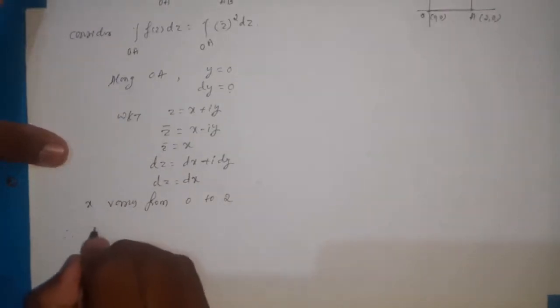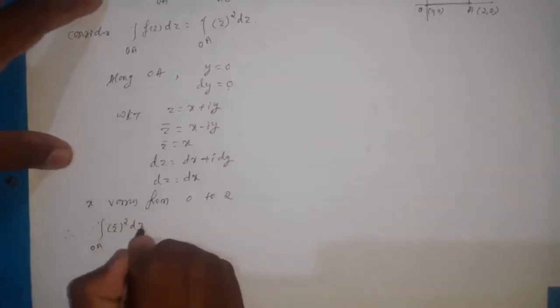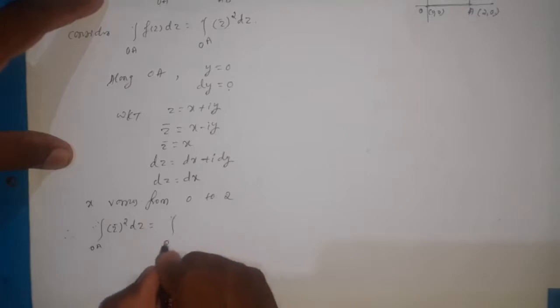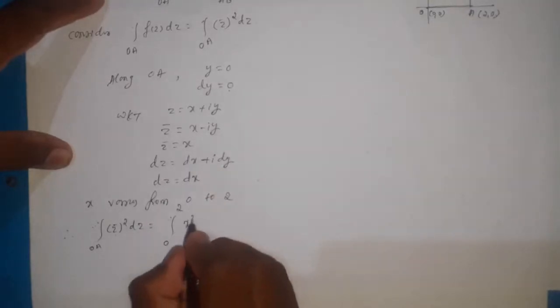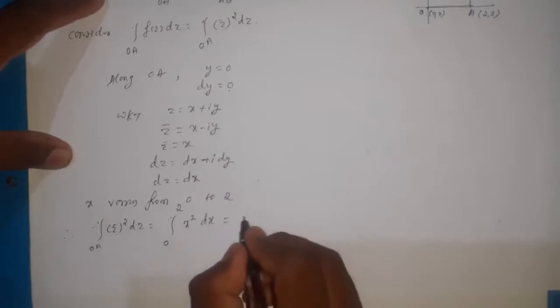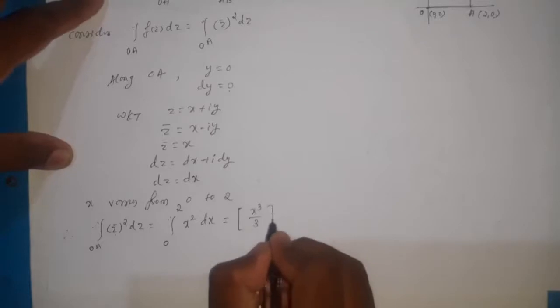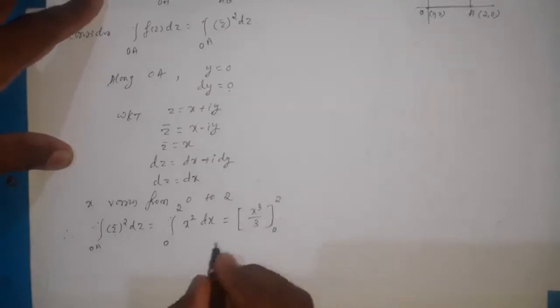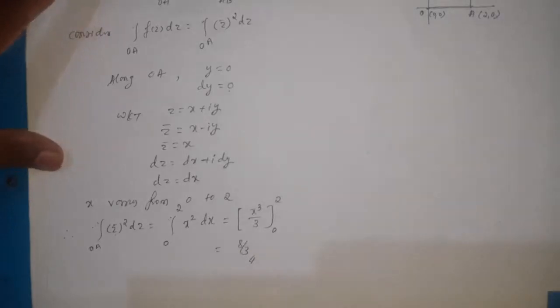Therefore integration over OA (z bar) whole square dz is equal to integral from 0 to 2 of x square dx, which is x cube by 3 from 0 to 2, which is equal to 8 by 3. So that is the value of the first integral.